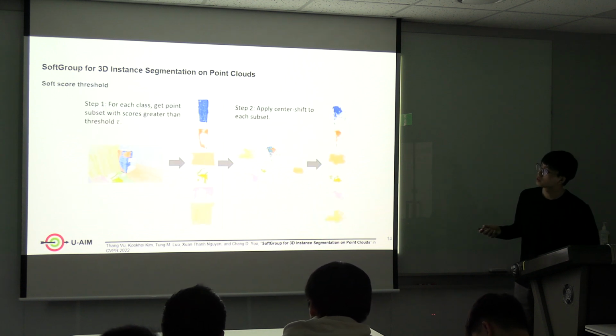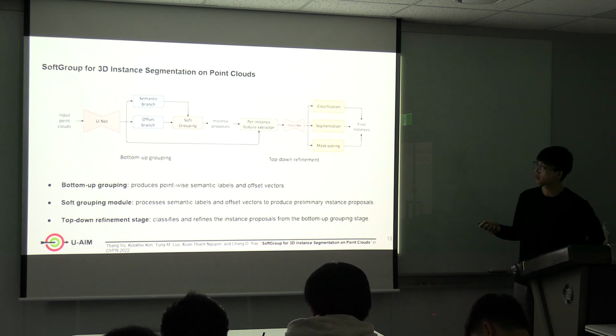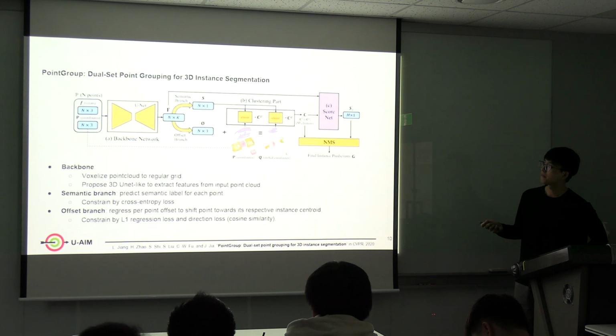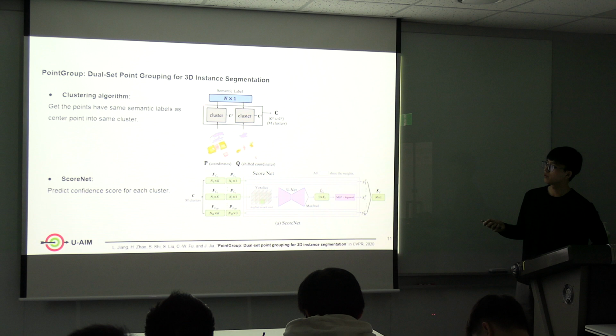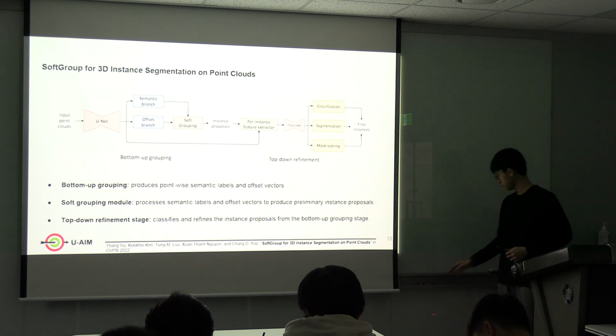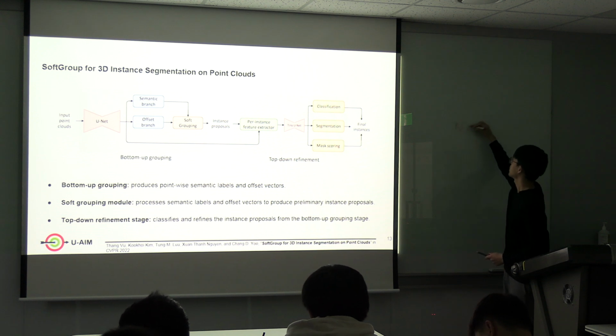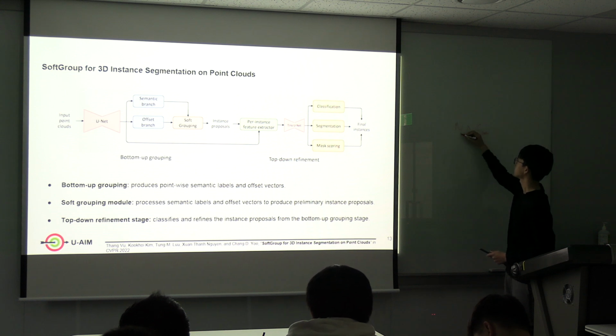For this point here, instead of having just one semantic label, they will have an N by C matrix, where N stands for the points and C stands for the classes.